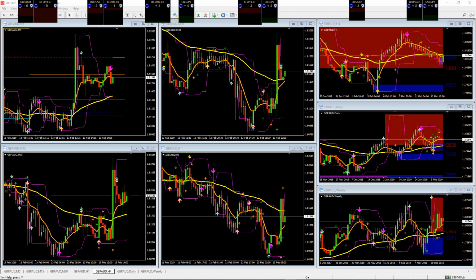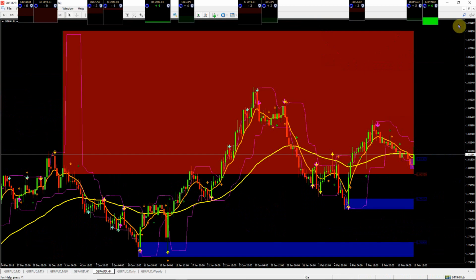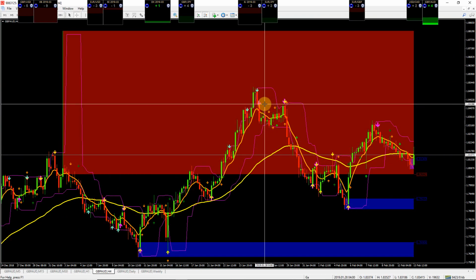All right, so let's get rid of dollar yen. Let me show you pound AUD. I used this not too long ago to take a trade on pound AUD. Where was it? So it was this one here.